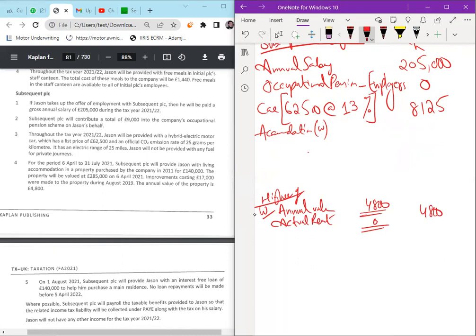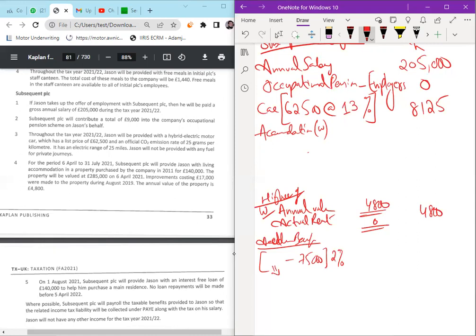Now, additional benefit. Formula is this. Here, we can take cost or market value. Sometimes we take cost, sometimes we take market value. The rule is the 6-year rule.